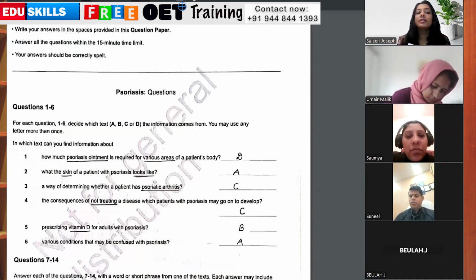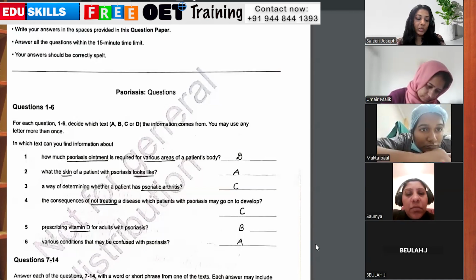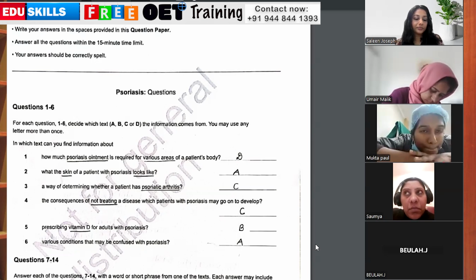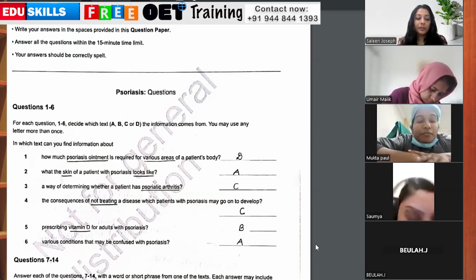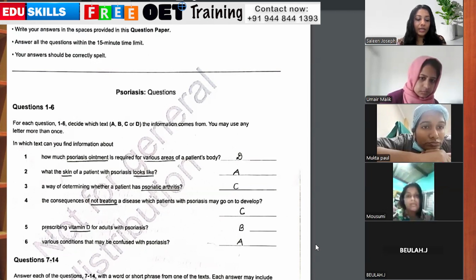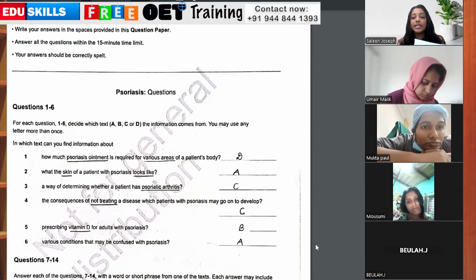In text A they have mentioned the description of how the skin will be if we have psoriasis, so the answer is A. Then psoriatic arthritis we have discussed in text C, so the answer is C.